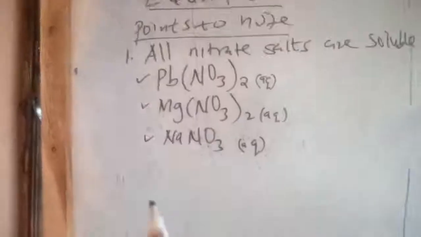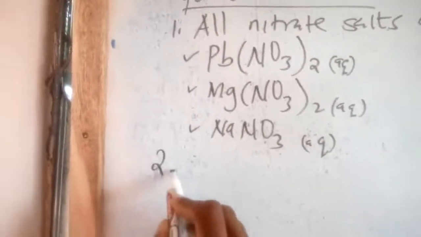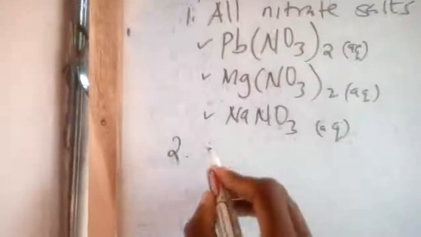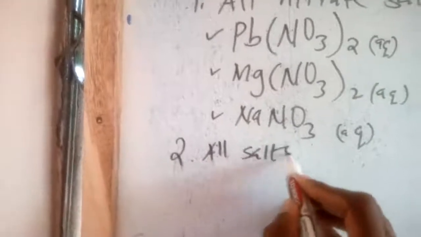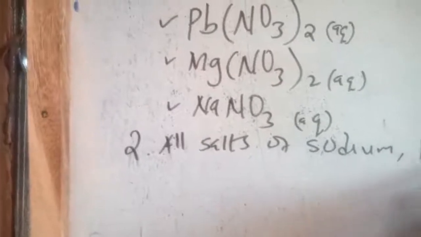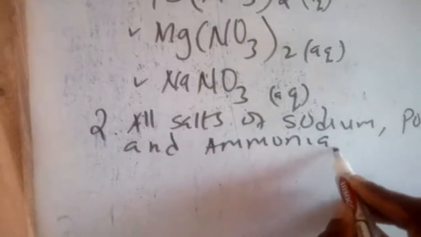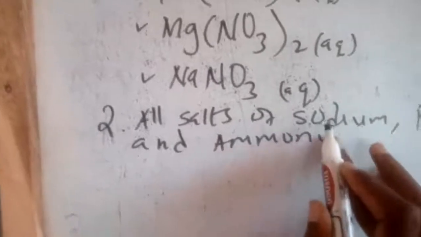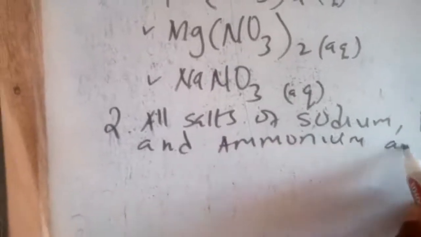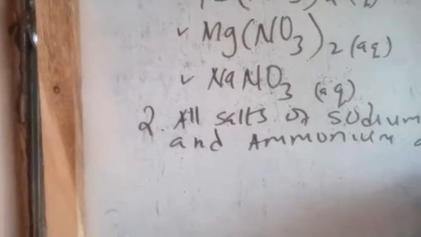And number 2, the second point that you're supposed to remember is that all salts of sodium, potassium, and ammonium are soluble.